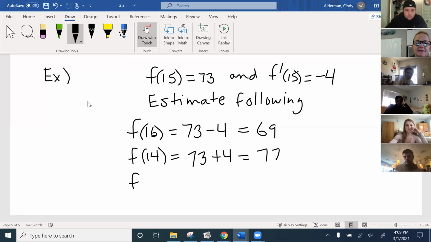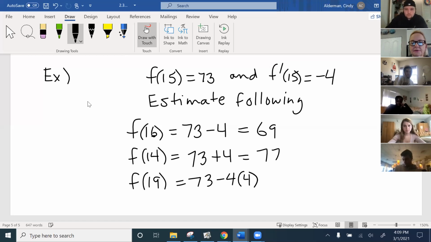And if I did f of 19, well, 19 is 4 more than 15, right? So we're going to do 73 minus the rate of -4, 4 times. So here you're going to get 57.